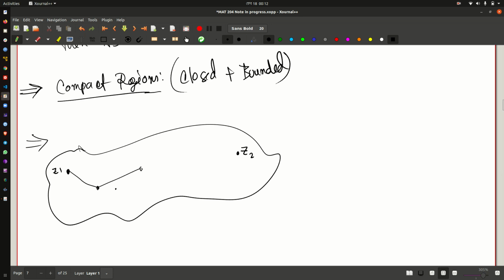These are our broken lines, through z3, z4, z5, z6, like this. Our main goal is to connect z1 and z2, and if this is possible in a region, that means you can connect any two points with the help of broken lines without any discontinuity, then this type of region is called a connected region.